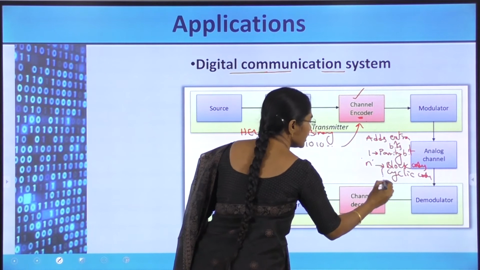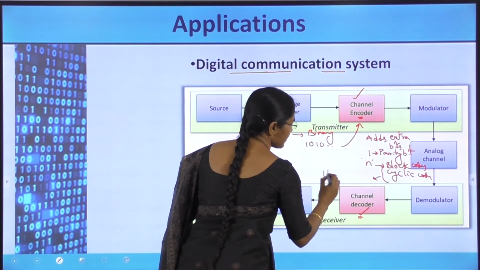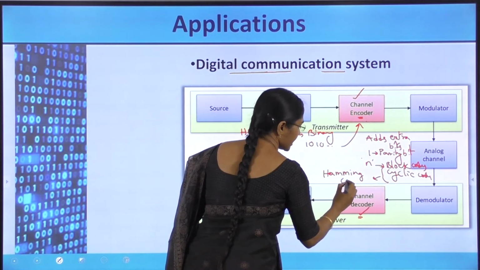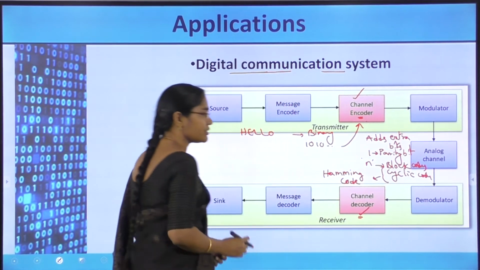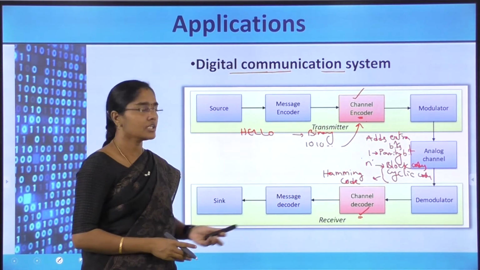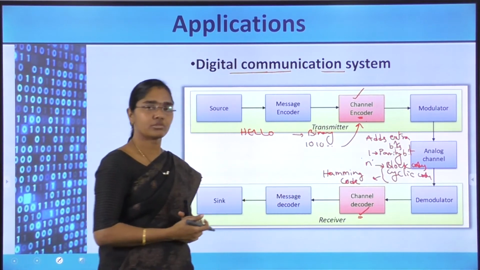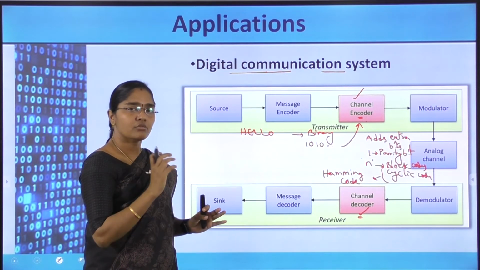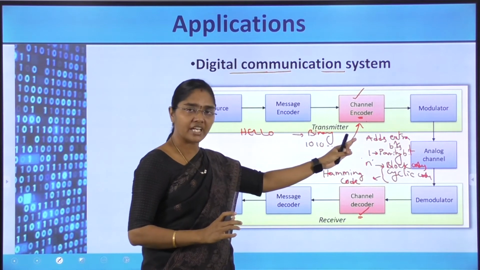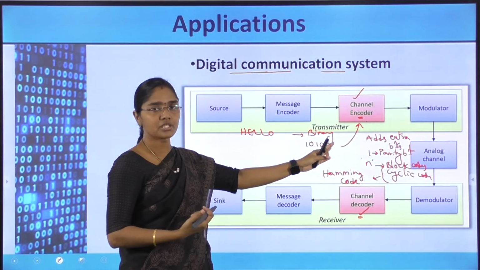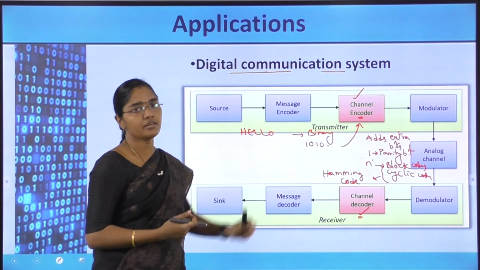And out of these, you have already seen one example, that is the Hamming code. We saw the Hamming code in the first unit, and that is an example of this channel encoding technique, from the block codes. Okay. So one block is dedicatedly given for the purpose of error detection and correction control at the transmitter and receiver.